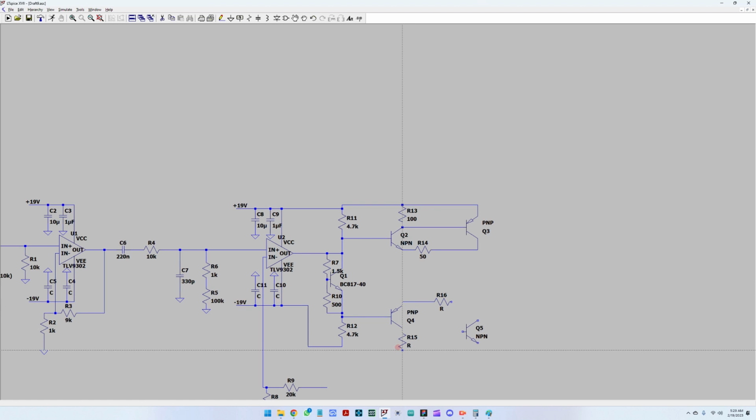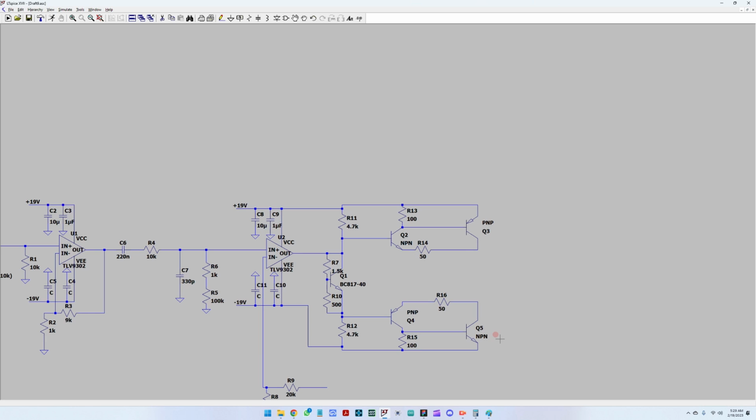Okay, and connecting the last, the final driving stage here. So here we've placed 100 ohms, and on the other side 50 ohms.